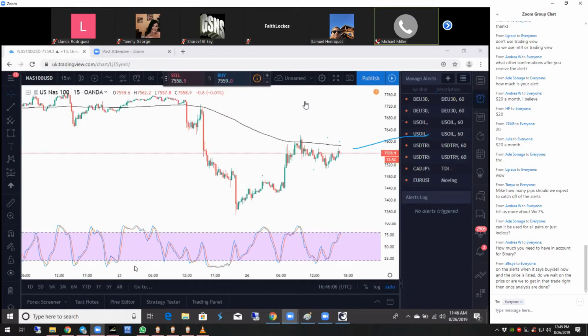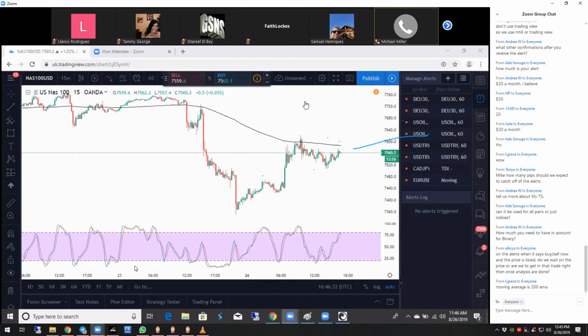Also, like I was telling people, consider what session you're trading that particular pair or index in. For instance, for the index alerts, I would mostly take them during the morning times, like right now between 8 and 10, or 7 and 10. That's when you have the most movement. London session and all that is pretty much going to be beside that.